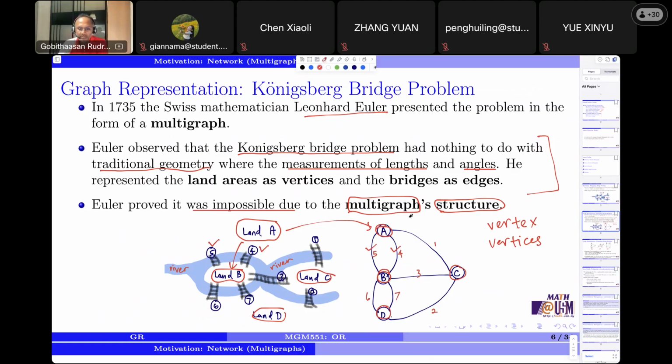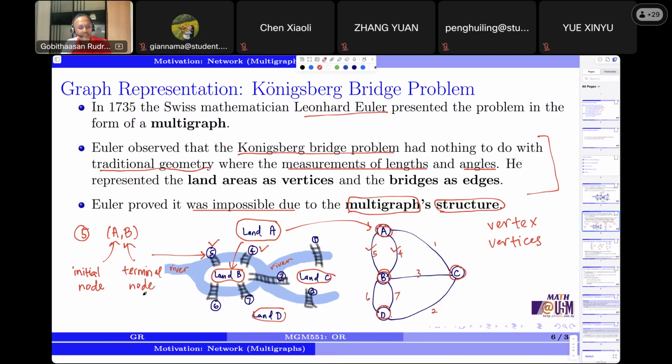So if I want to write or represent a bridge, I can do it in the form of, for example, AB. This AB represents bridge number 5. A is the initial node, and B is the terminal node.